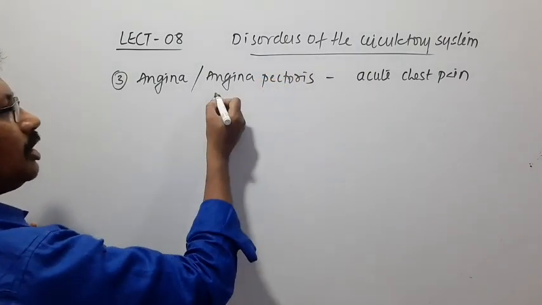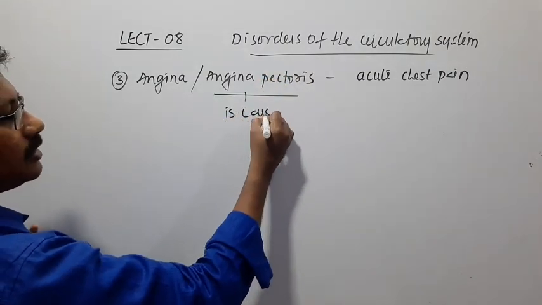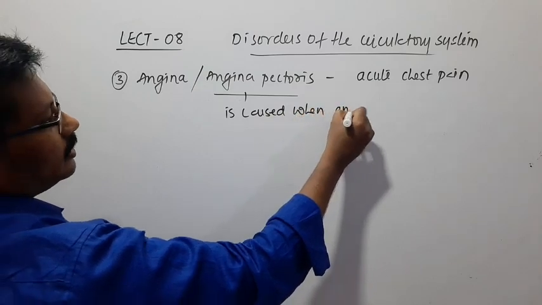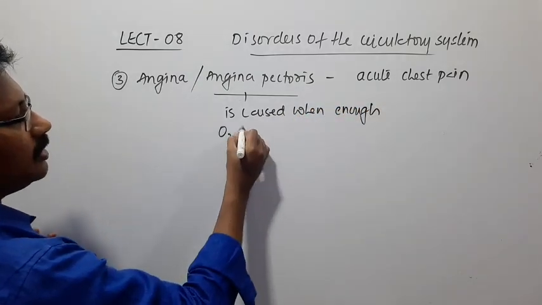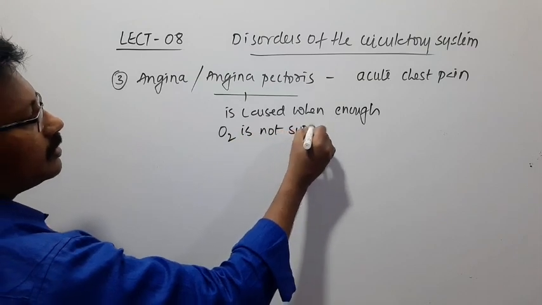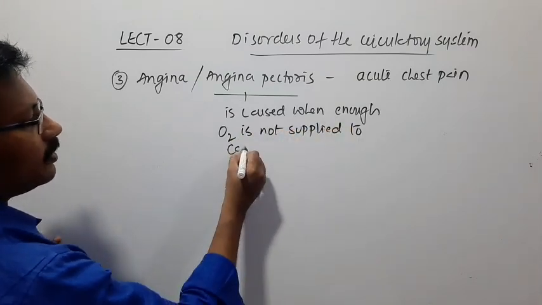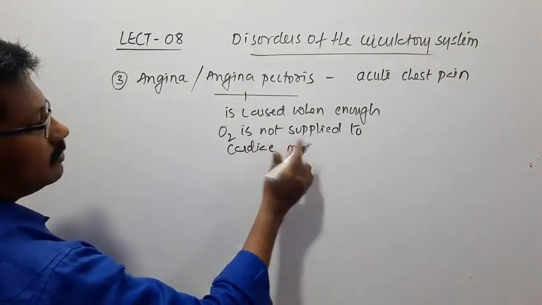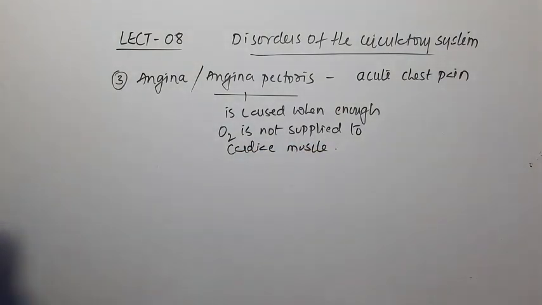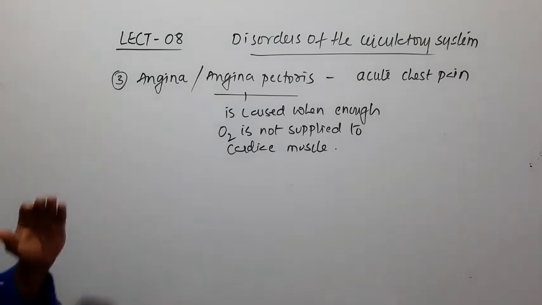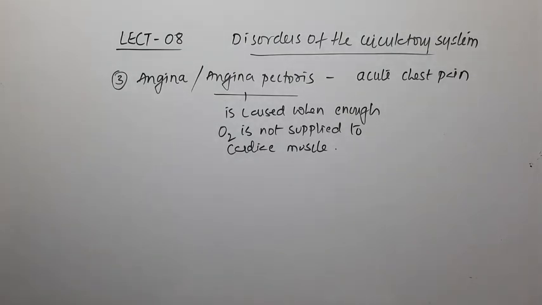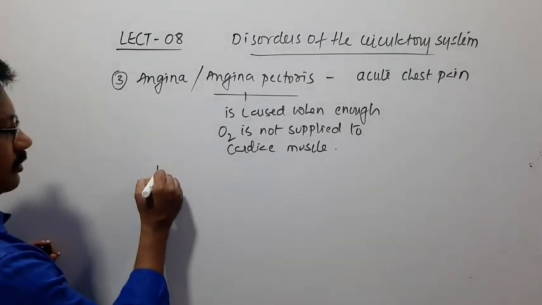So angina pectoris is caused when enough oxygen is not supplied to the cardiac muscle. Angina pectoris can occur at any age, in both men and women.